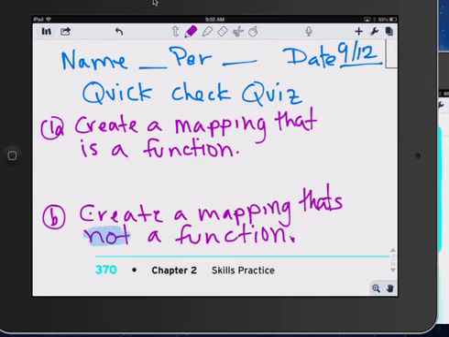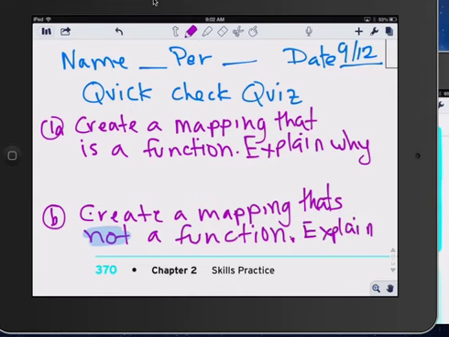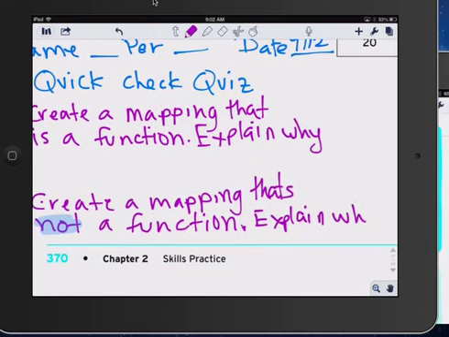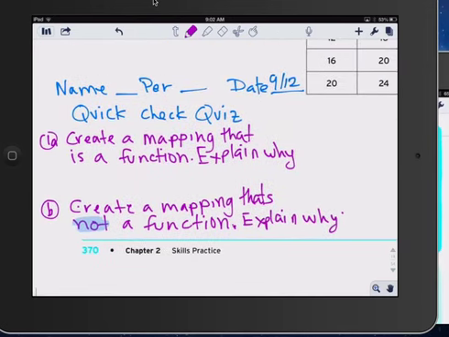And explain why. Explain why it is a function, then explain why it's not a function. You do it on a piece of paper because you're going to turn it in. It's going to be worth 8 points.